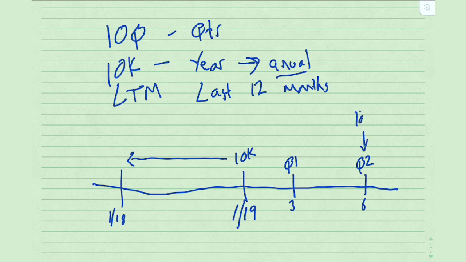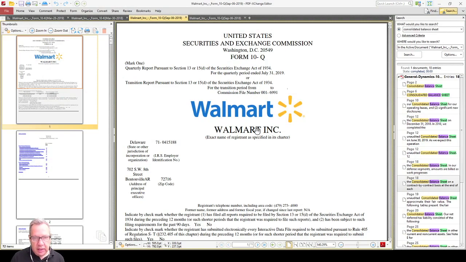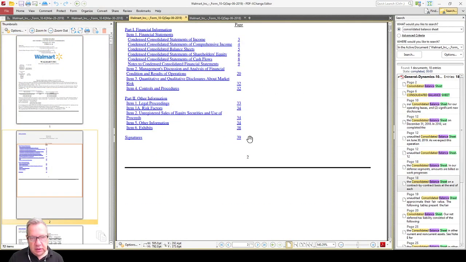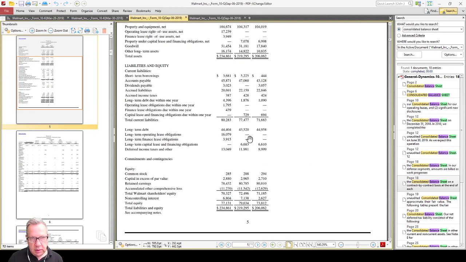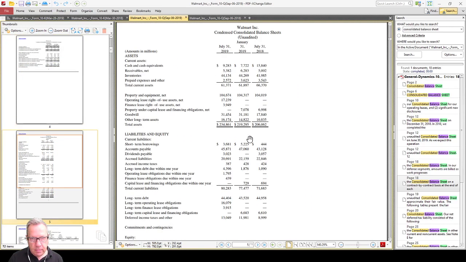But the problem is that, when you look at it, it's not as detailed. Let me show you. This is it here, but if we just go to the balance sheet, you'll notice that the period it's given is July 31st.